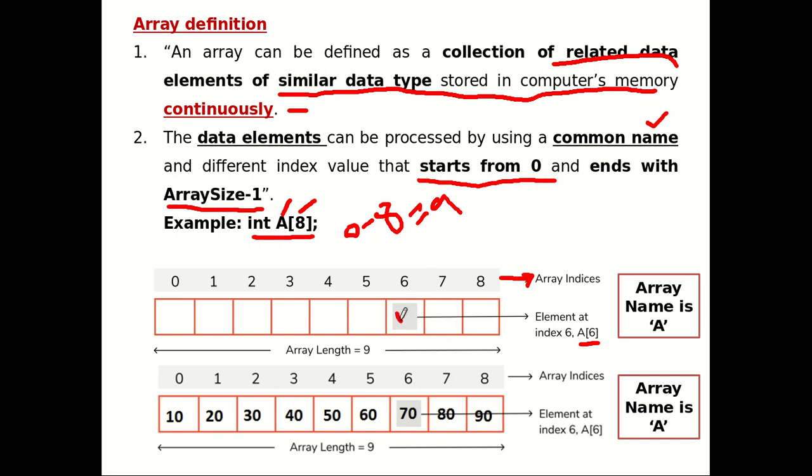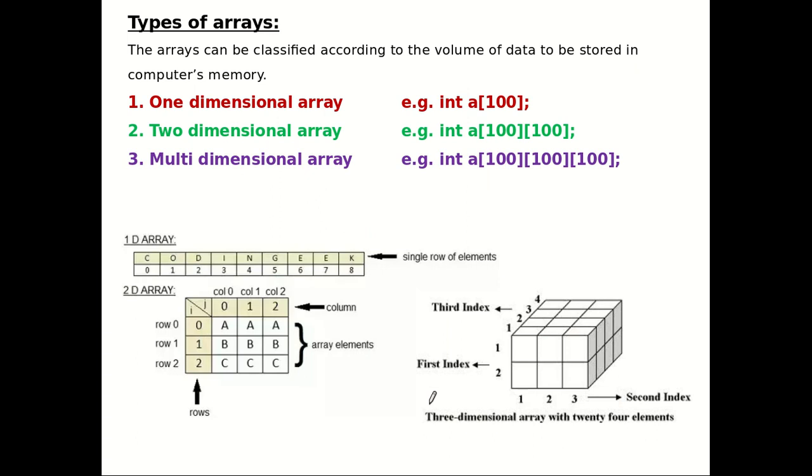Suppose this index is having the value 10, then 10 is accessed by using this particular statement. We can store elements in an array in the following manner. 10 can be stored at the first location, 20, and so on.